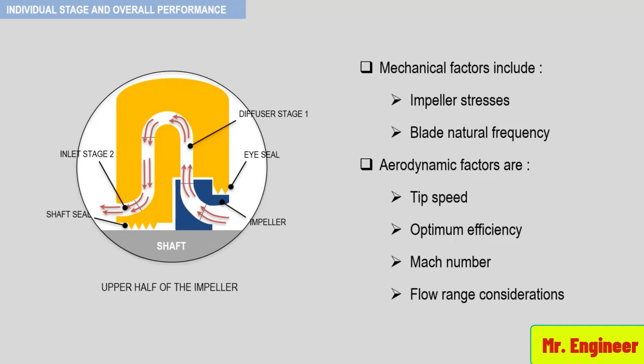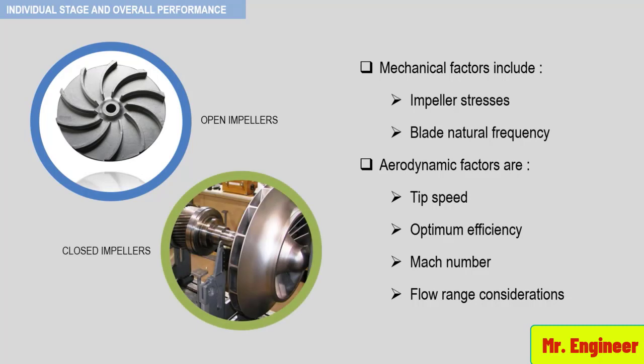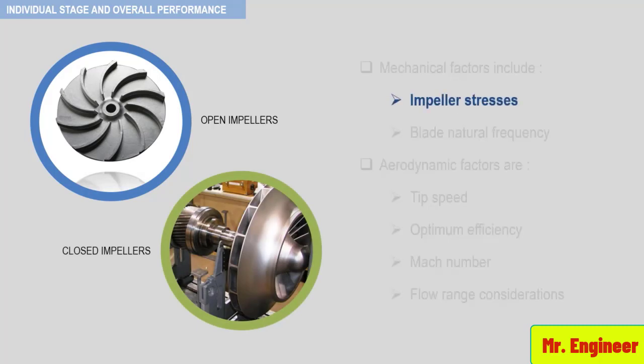There will be more about this in a later video. But for now, as a concrete example, open impellers can produce as much as 250% greater head than a closed impeller, because the impeller stresses at higher speeds are reduced in a significant way by omitting the impeller cover or side plate in the case of an open impeller design.